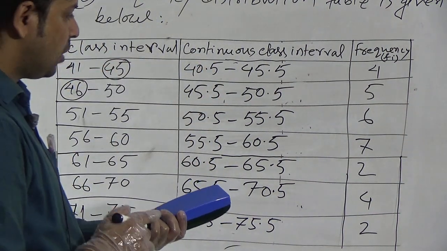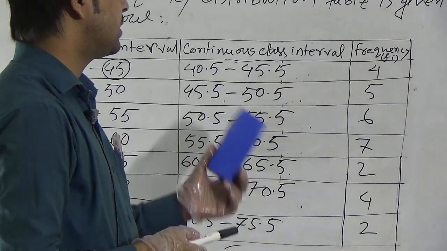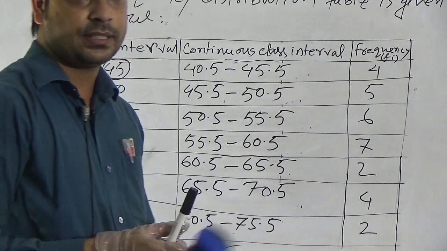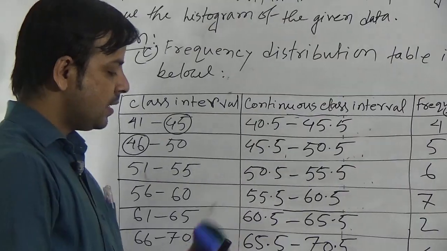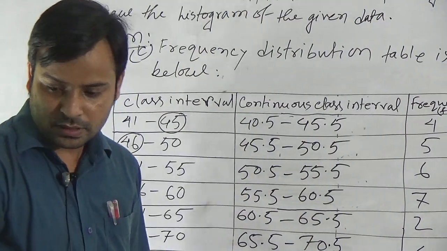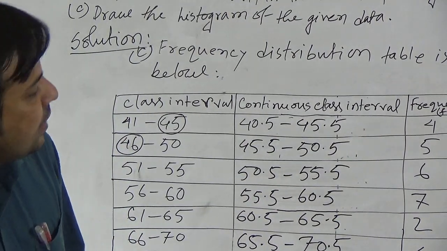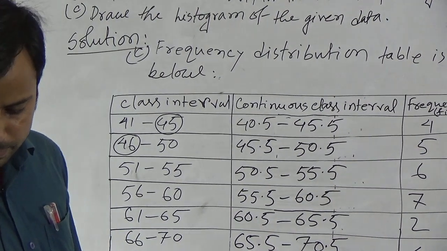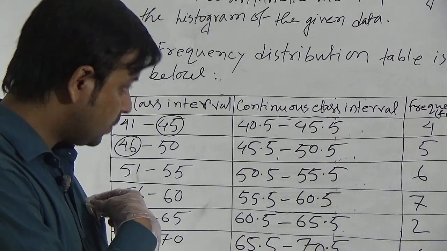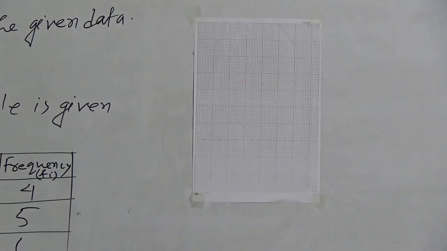Now we can draw the histogram using the continuous class interval and frequency. Okay, let us draw the histogram. To draw the histogram, at first we have to consider two axes.